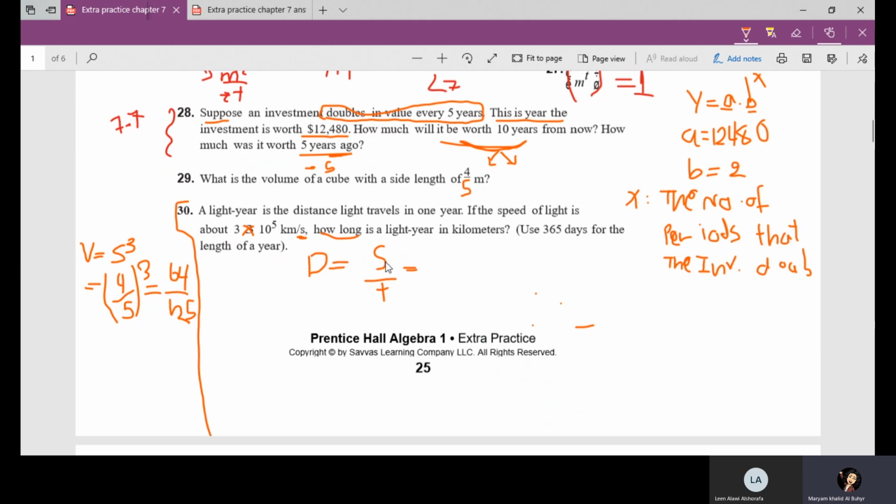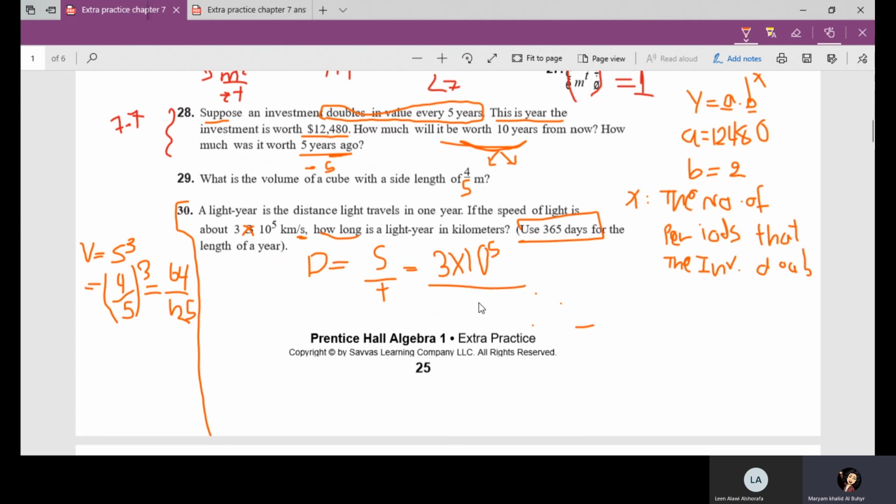I'm going to substitute the speed that I have, which is 3 times 10 to the power 5. But keep in mind, that's given here in seconds, and I don't need them in seconds because they gave me the time in a year. So you must do a conversion here. I'm not going to do it in detail because of the physics, but this is the basic idea.